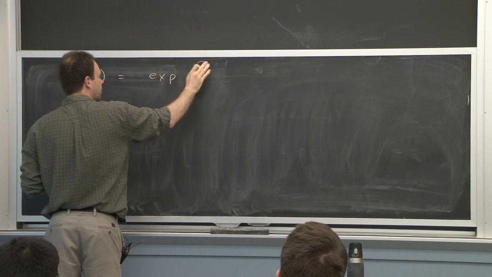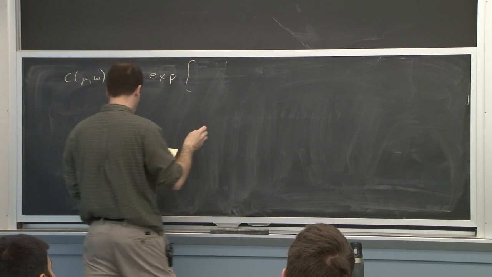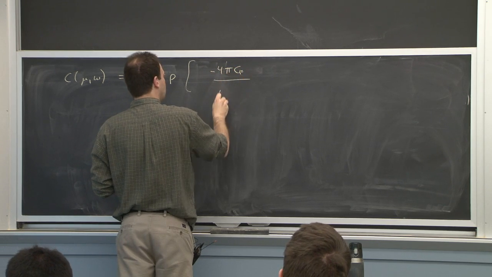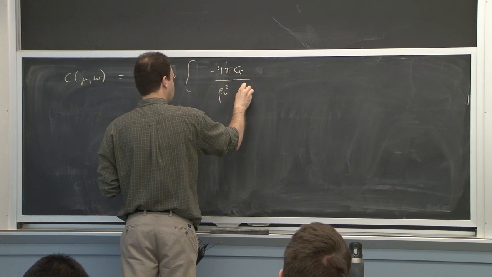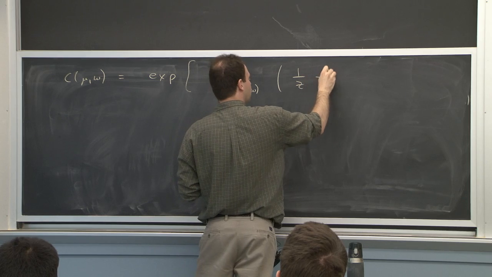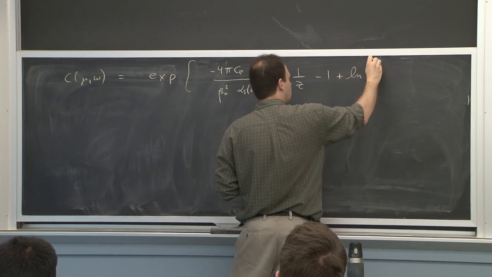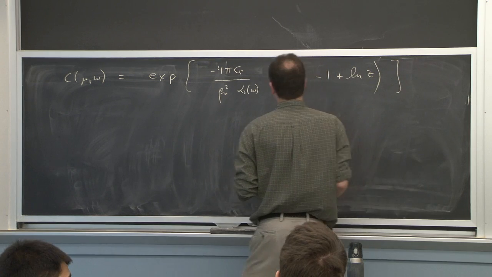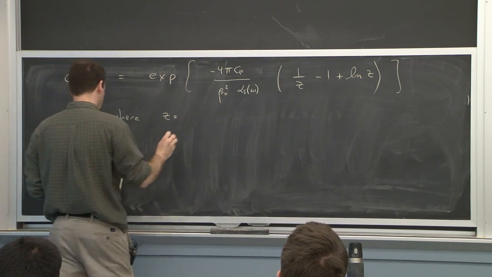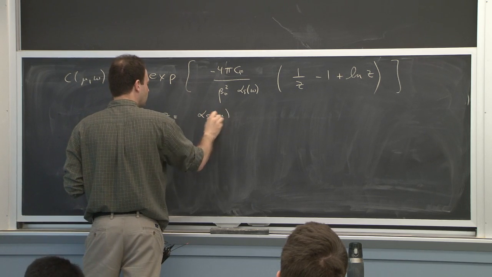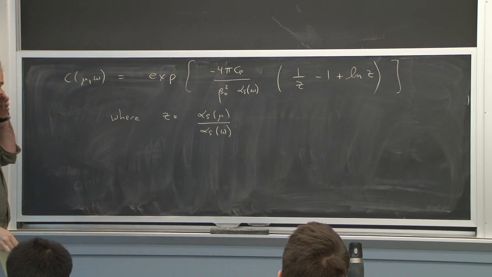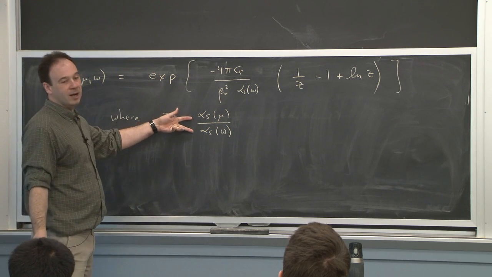Let me show you what the answer looks like. It's again an exponential because we're solving for log C. You can write it like this. So we're kind of familiar that renormalization group equations, when you have a running coupling, can give you ratios of alphas, right?